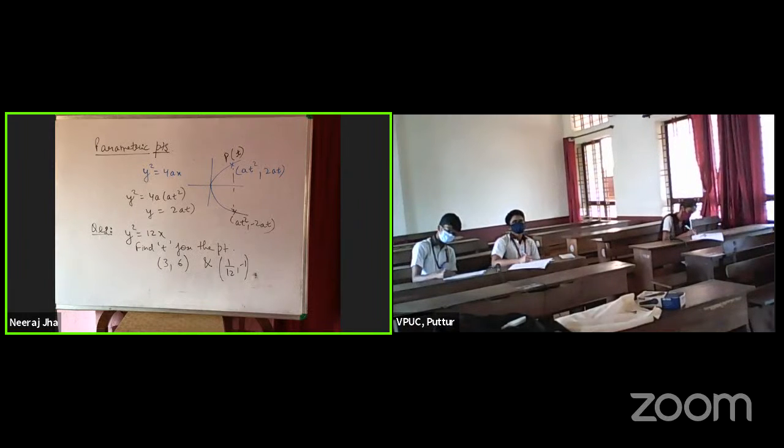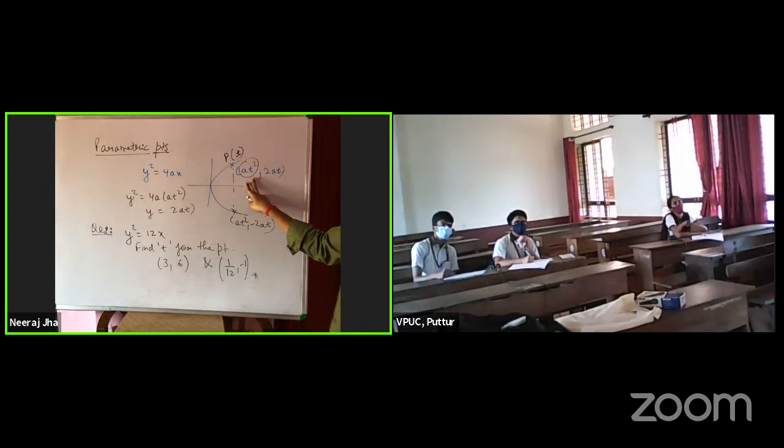Remember, whenever you are asked to find t, we will be solving it using the y coordinate, not the x coordinate. Why, sir? Because this is in a square term, at square. at square लिखा हुआ है, तो फिर there is a problem. Getting my point?